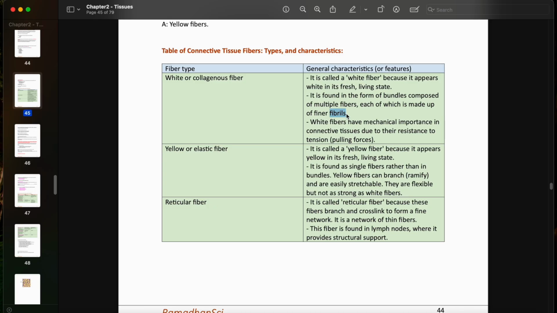So the stuff that is smaller than the fibers we call fibrils. So fibrils come together and form a fiber. White fibers have mechanical importance in connective tissues due to the resistance to tension or pulling forces. So this is the function of the white fibers or the collagenous fibers.